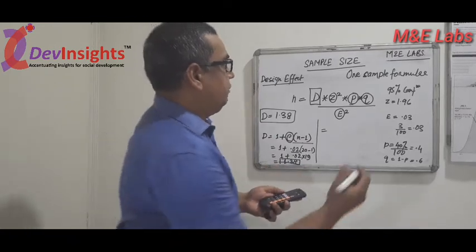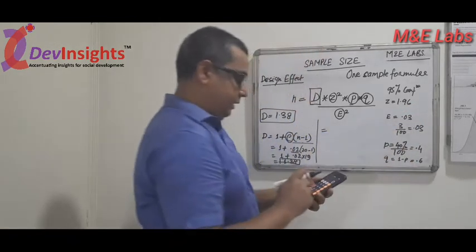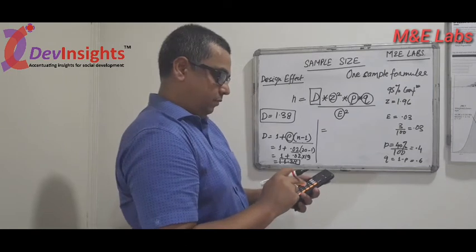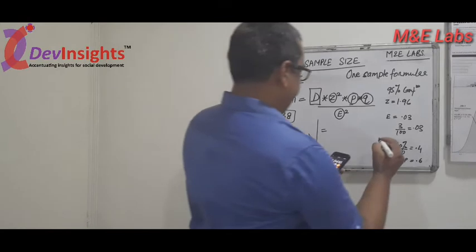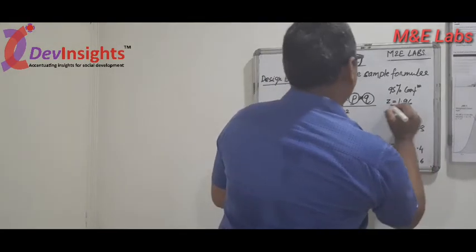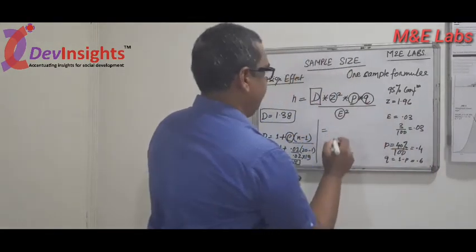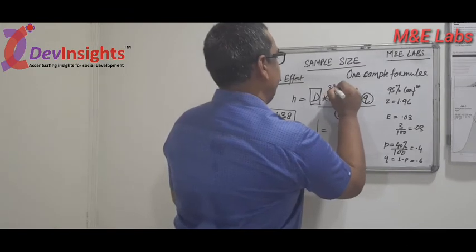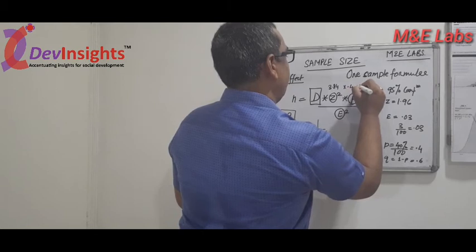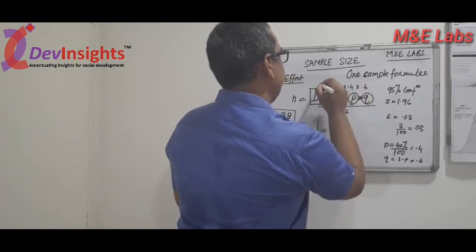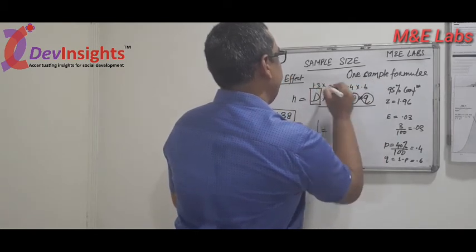So 1.96 square is 3.84. So we are just replacing this value, right? 3.84 into 0.4 into 0.6 into 1.38.